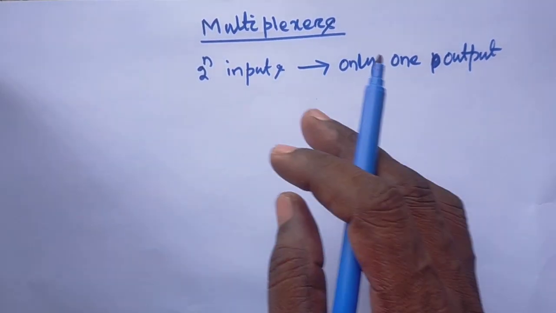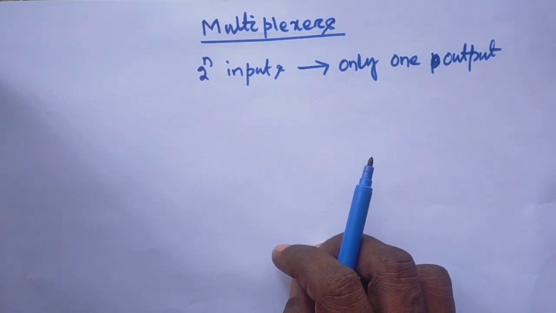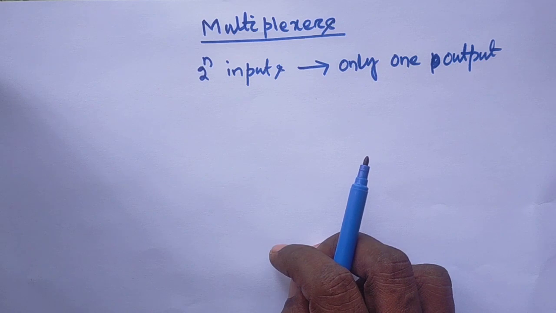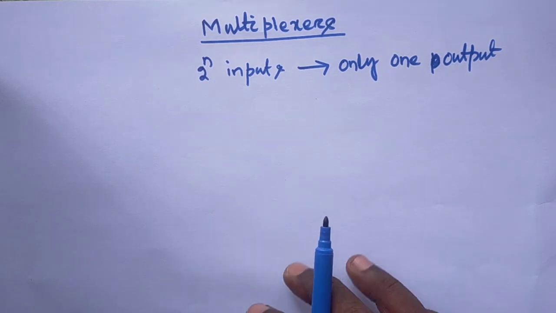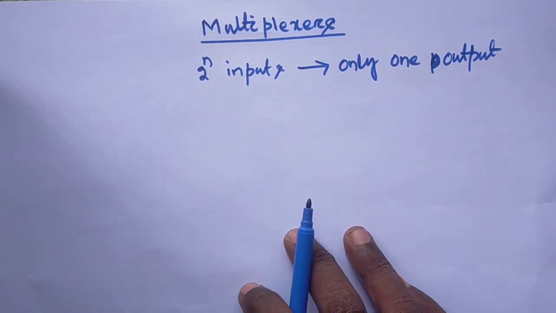Another point: whenever you design a multiplexer, it depends on what kind of multiplexer we have to design. In the previous case, encoders and decoders have different names. For a decoder, we say 2 to 4 decoder, 3 to 8 decoder. For an encoder, the reverse case, 4 to 2 encoder, 8 to 3 encoder.